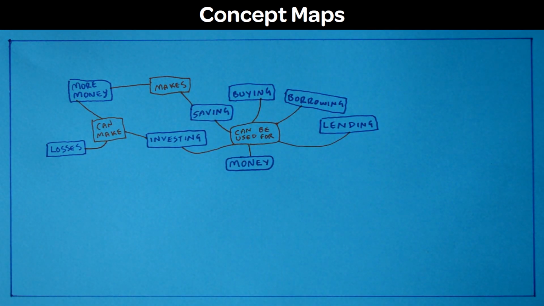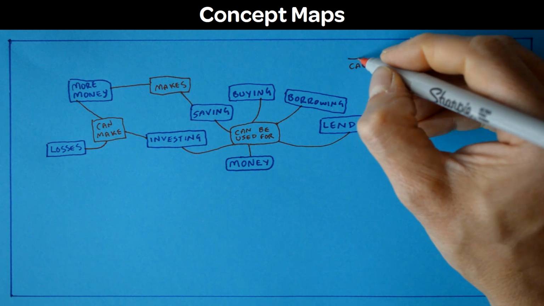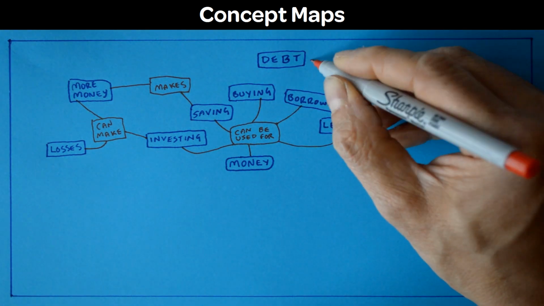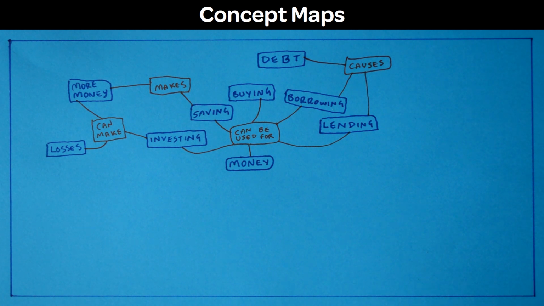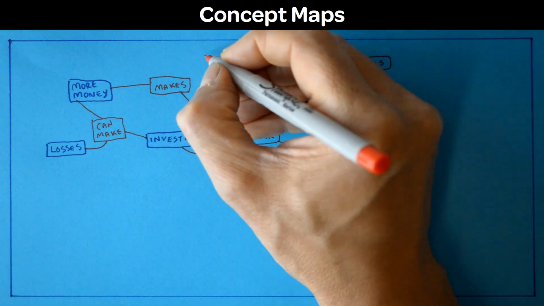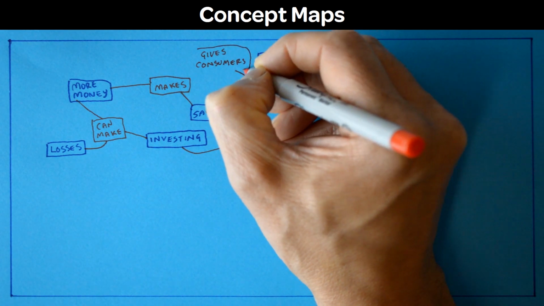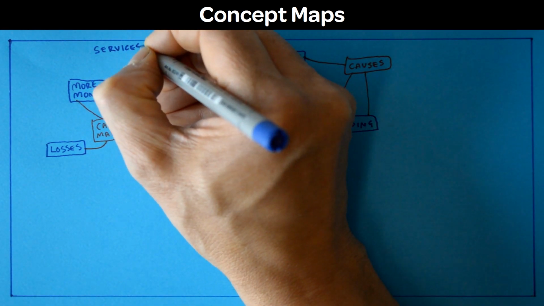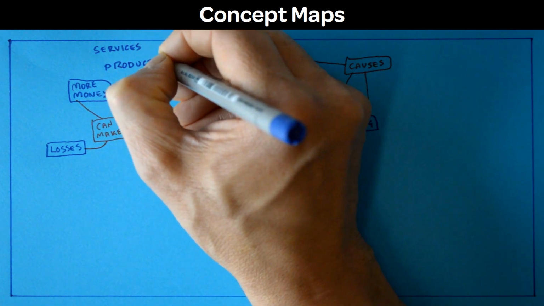Moving over the sheet, let's see what borrowing and lending causes. These both cause debt. A linking phrase for buying could be gives consumers. But what does buying give? How about products and services?